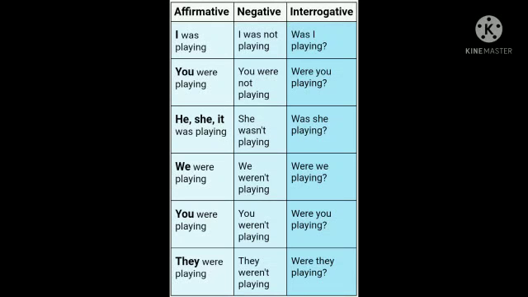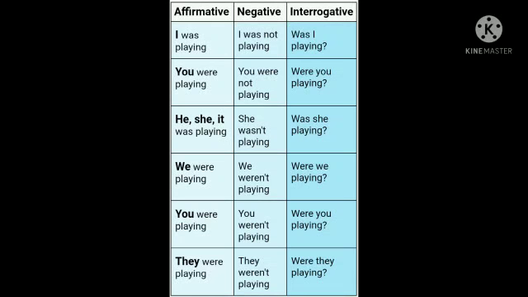Second one, you were playing, and the negative of this affirmative sentence is you were not playing. Always remember that whenever you are using not, that is negative, before that you have to use the auxiliary verb or helping verb. And the interrogative of this sentence is were you playing.